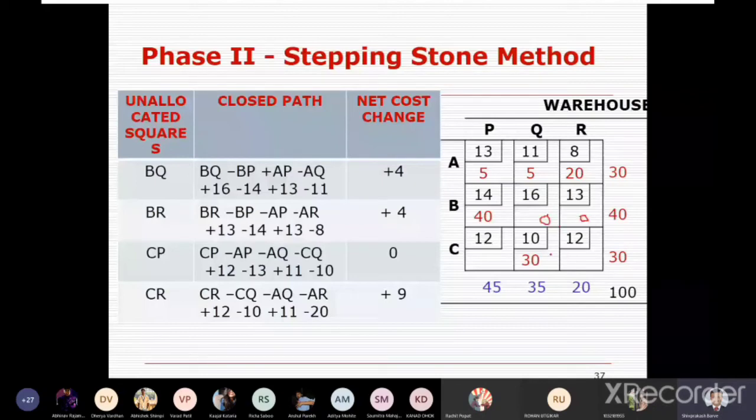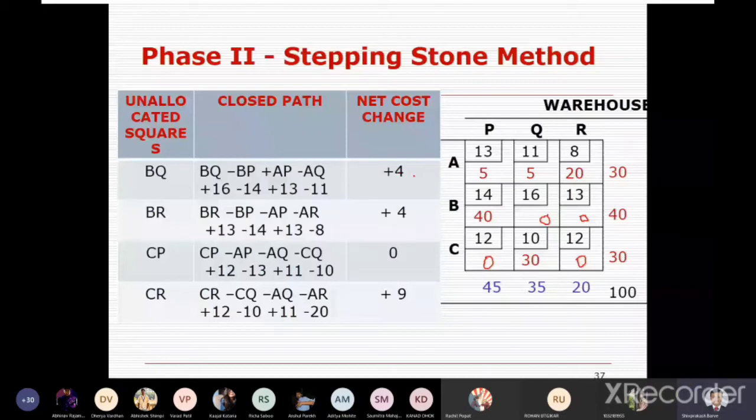Otherwise, if the allocations are there, it is called an allocated cell. So these 4 are unallocated cells. For these 4 cells, we have to make a closed path, and for that closed path, by considering the cost values and the positive and negative signs, we have to find out the net cost.